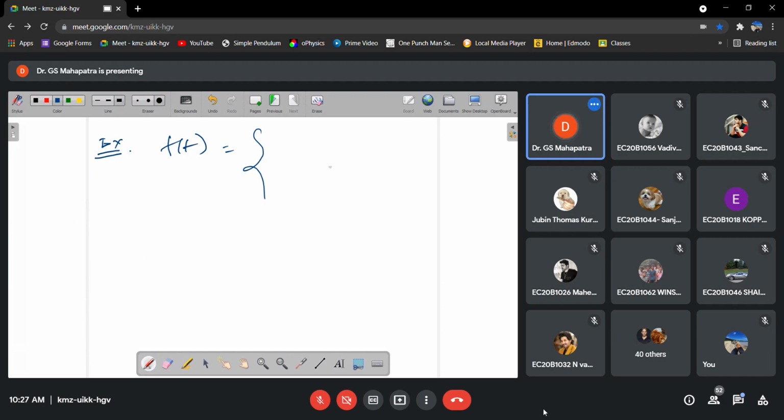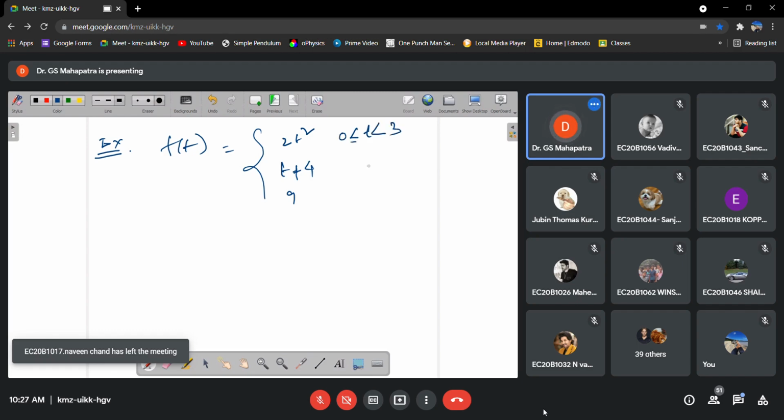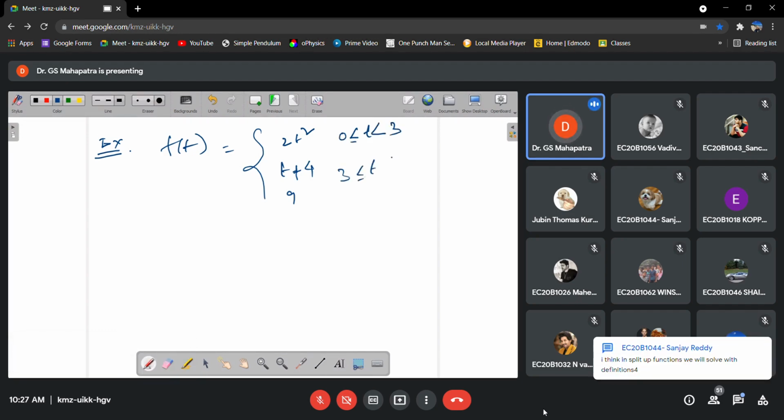You just see now. f of t equals 2t square when t is greater than or equal to 0 and less than 3, t plus 4 when t is greater than or equal to 3 and less than 5, and 9 after that.